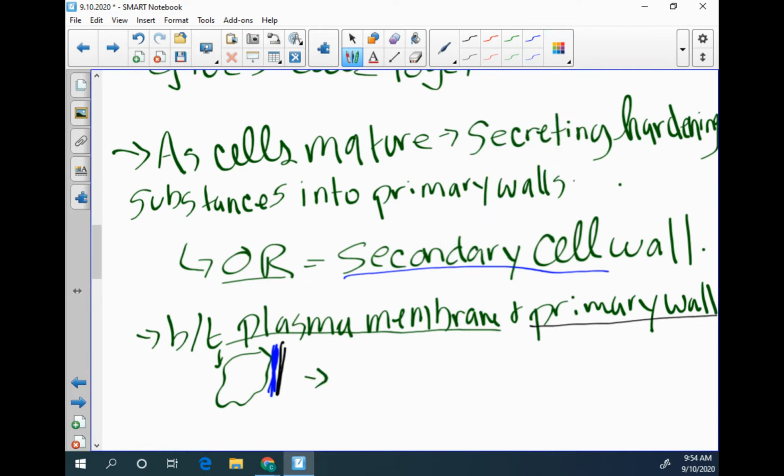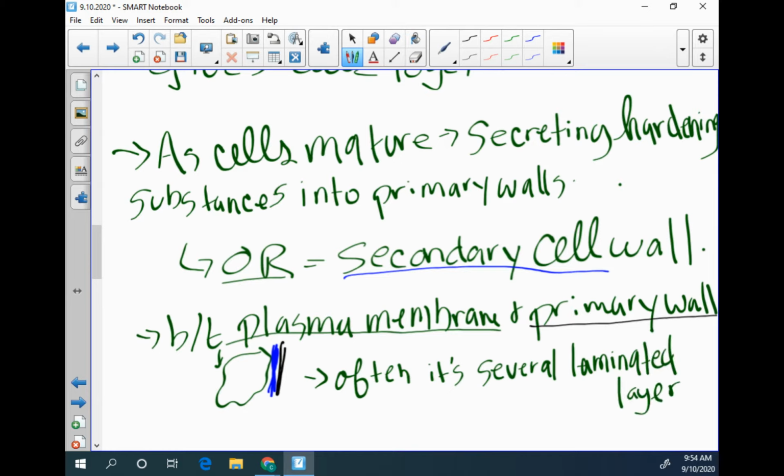Often, it is several laminated layers. So, like sedimentary rock, it is striated in layers.